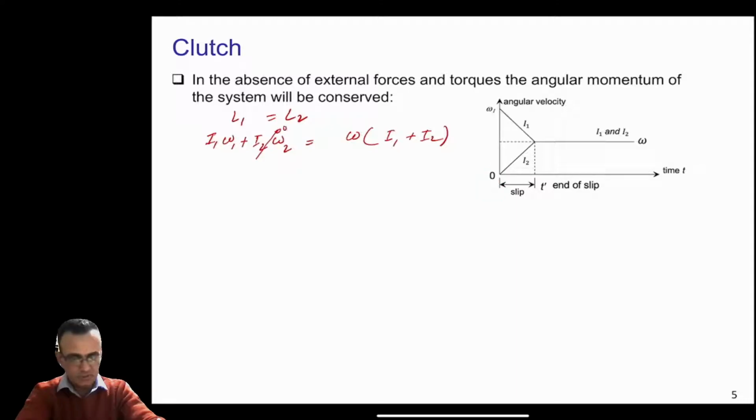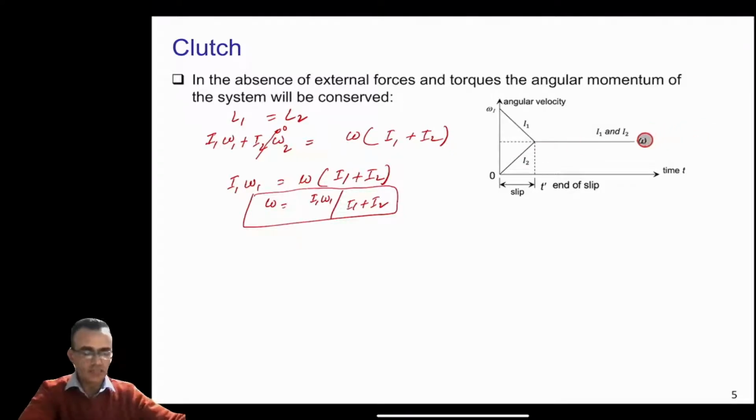So this part is 0, and what we have is I1 omega 1 equals omega times I1 plus I2. From here we can calculate omega, which becomes I1 omega 1 divided by I1 plus I2. So this is the equation for omega.